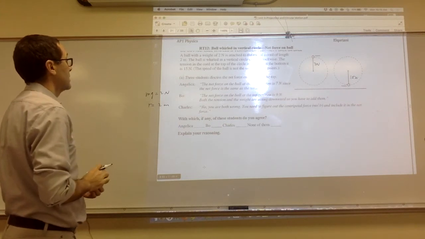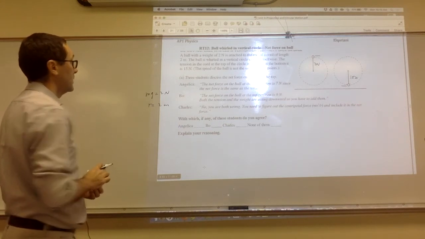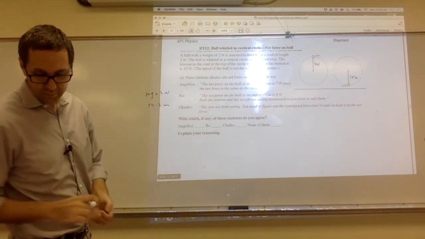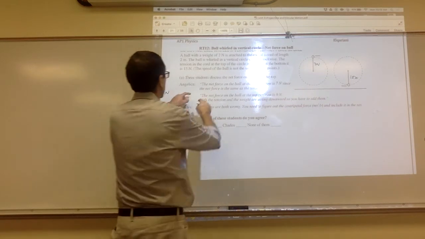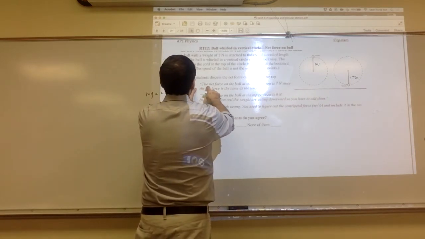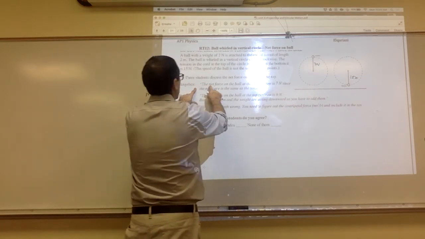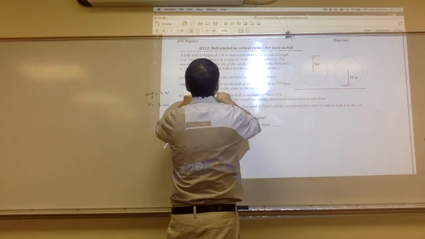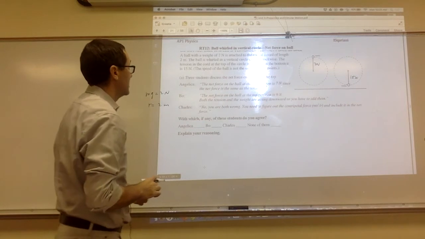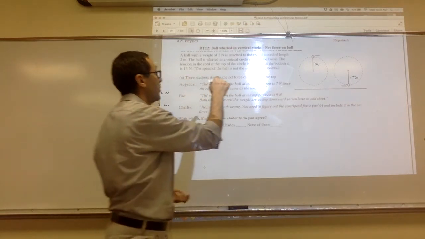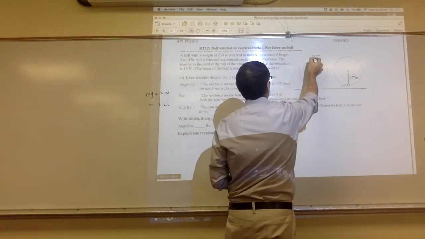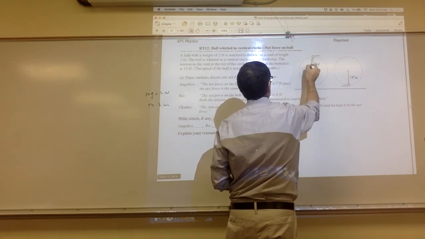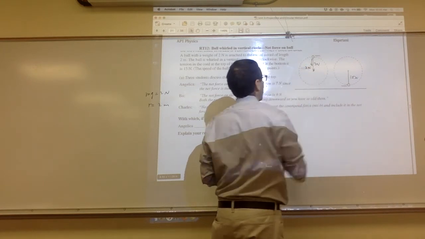Three students discuss the net force on the ball at the top. All right. So let's see. Angelica says the net force on the ball at the top position is 7 newtons, since the net force is the same as the tension. That's not true. At the top, the net force is the mg, which is 2 newtons, plus the 7 newtons.